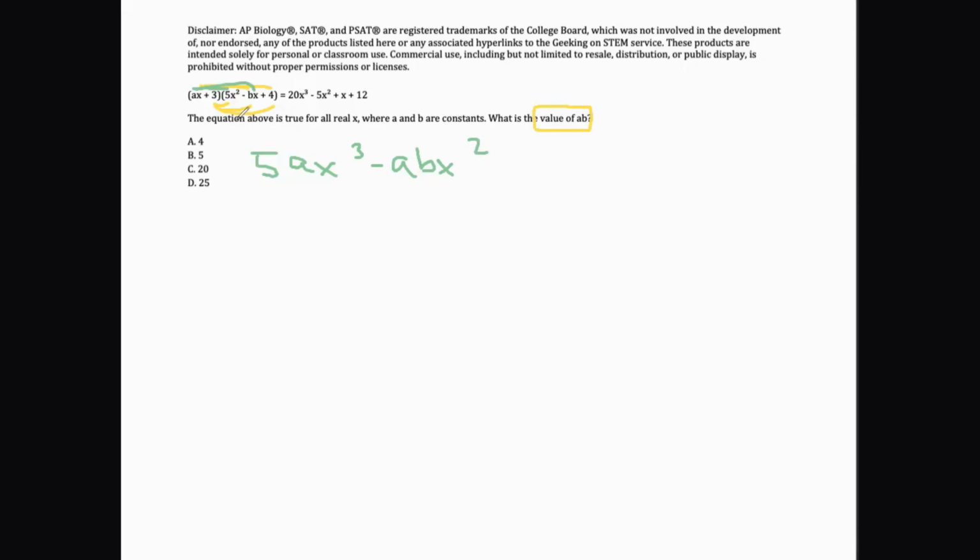Now for the second set, as you can see here, I'm just bringing down the negative and making sure that I bring everything down. So it's a times b, and then there's two x's with the ones at the end, so that's going to be x to the 2. 1 plus 1 is 2. Then I go ahead and take the last part right there. And when I do that, I get plus 4ax. If you see here, I'm going a little bit slow, and that's to help you out.